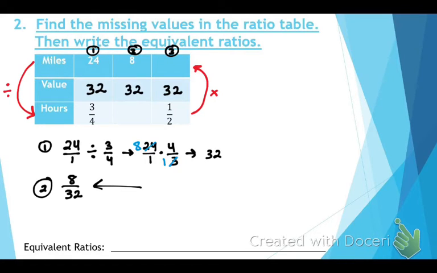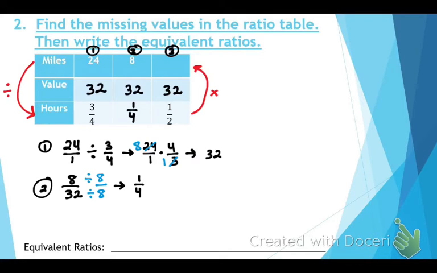Is there a number that goes into 8 that also goes into 32? 4. A 4 can, but there's actually something bigger than a 4. 8. An 8. When you do that, what would this be reduced to, class? 1/4. So it was just 4 in fraction form, but flipped.